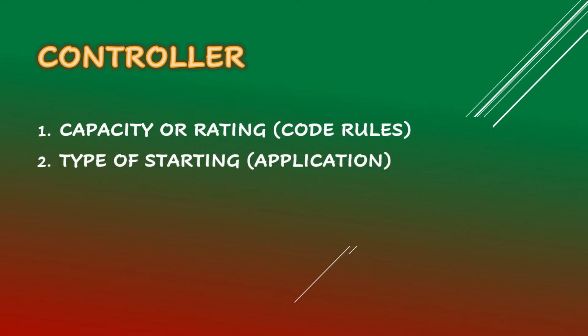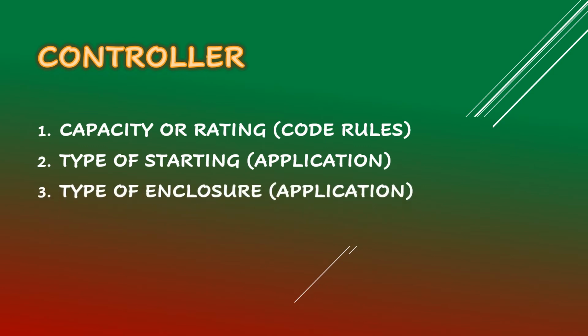The type of starting depends on the application, whether star delta or Y delta, or part winding, or primary resistance starting, or secondary resistance starting, etc. Also, you have to decide the type of enclosure for your controller, which depends on the application.